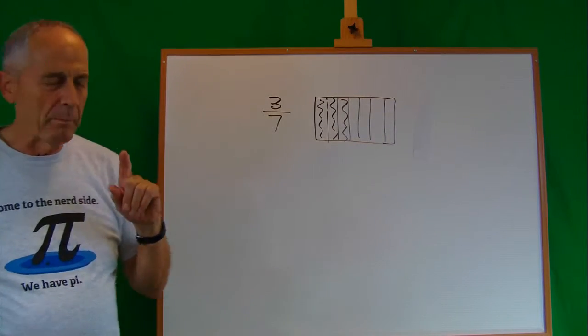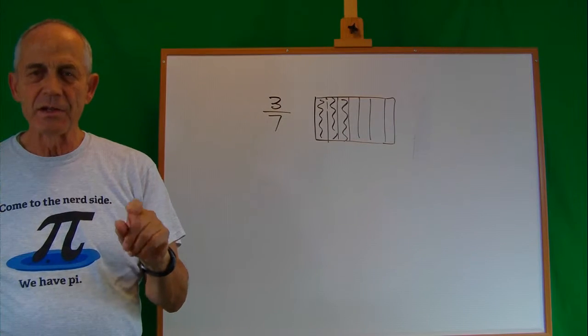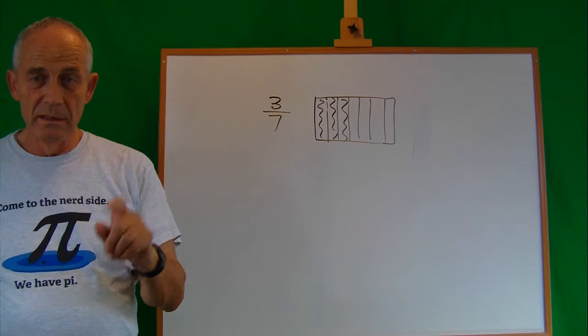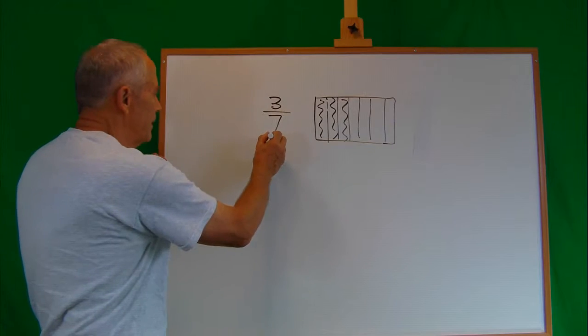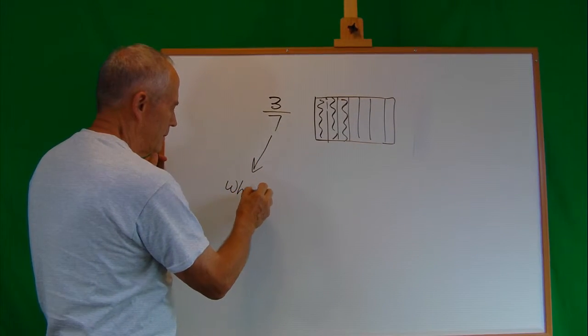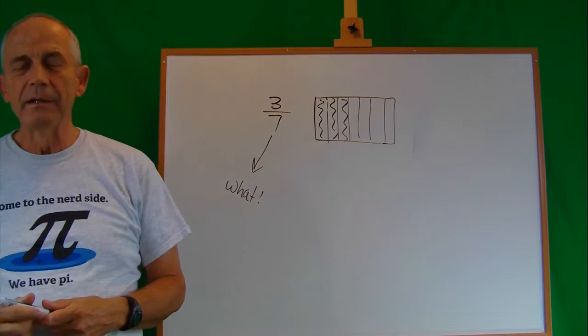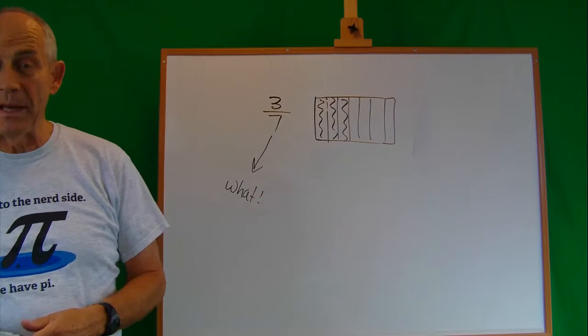So, the bottom number in any fraction always tells us the what that we're dealing with. The what. The top number tells us how many.